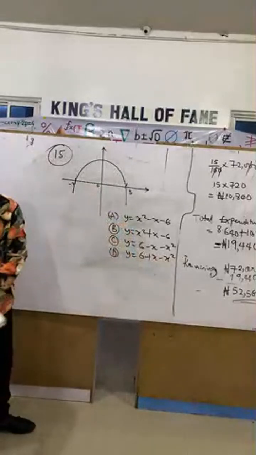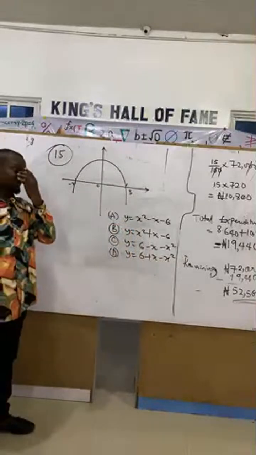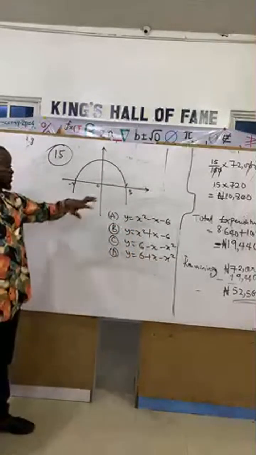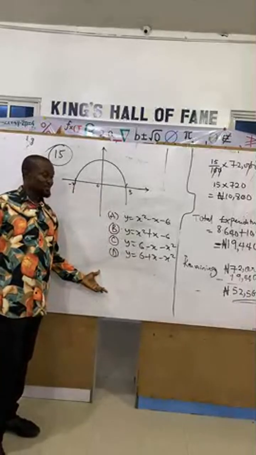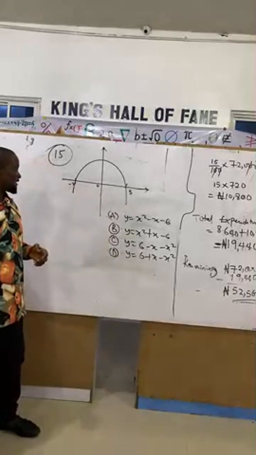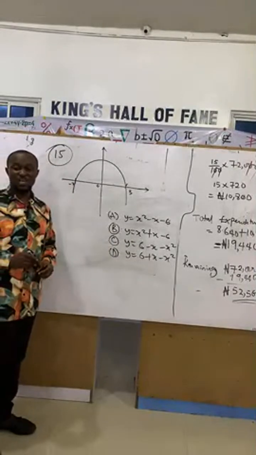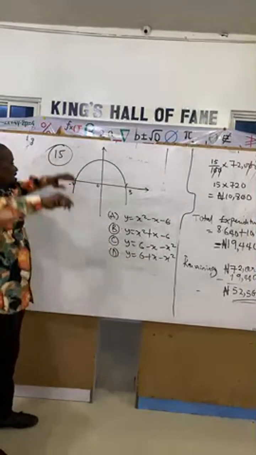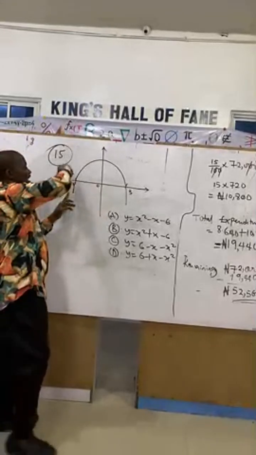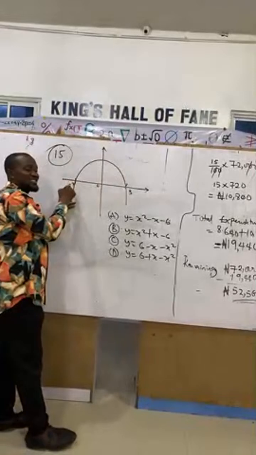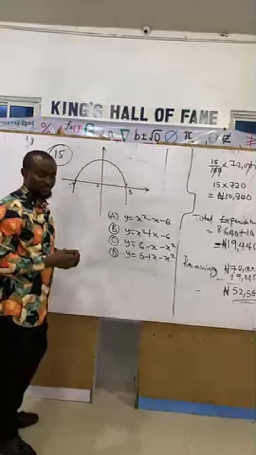And they say from this graph, which of these options suits the graph well? Now, the only way you can do it easily is to look at where the graph cuts the x-axis, because that is the solution of the graph.